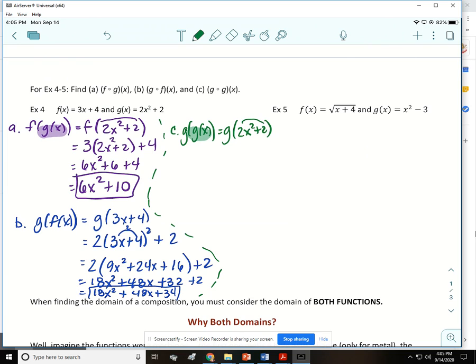Then I'll take that 2x squared plus 2 and replace x with it. So instead of 2 times x squared, it's 2 times 2x squared plus 2 squared, and then plus 2.